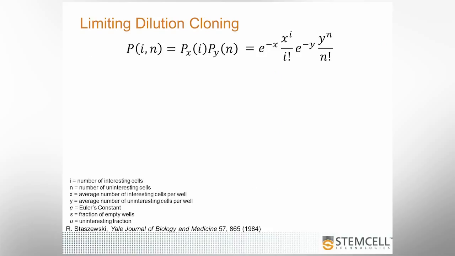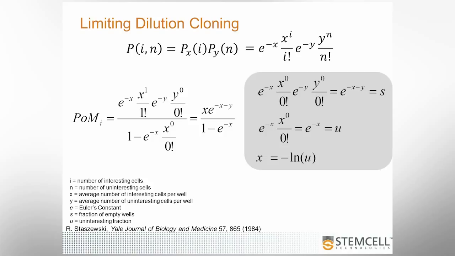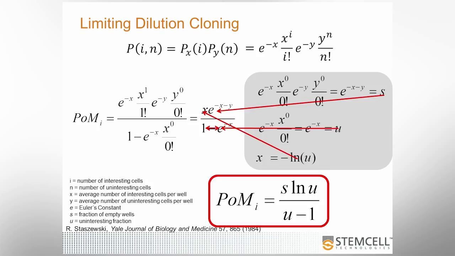This is the equation for the probability of a given well being seeded with a specific number of interesting and uninteresting cells. And that makes this the probability of monoclonality for an interesting culture. So using these equations on the right here and subbing them in and doing some algebra, we can arrive at this equation at the bottom here.